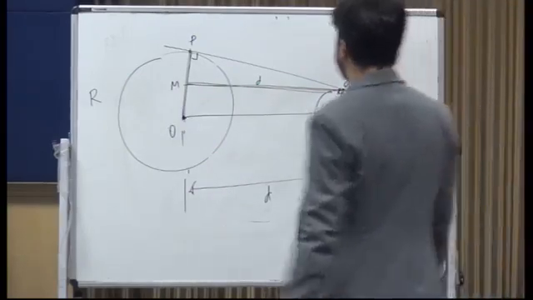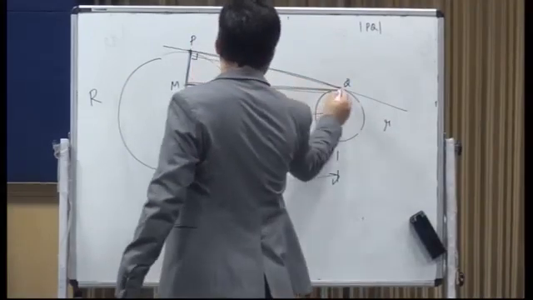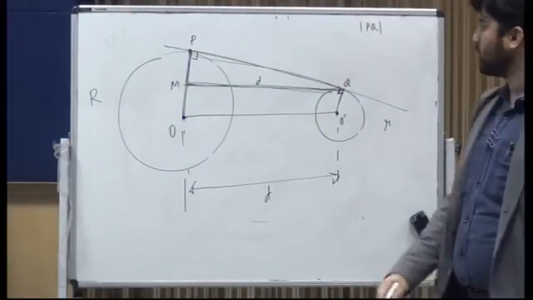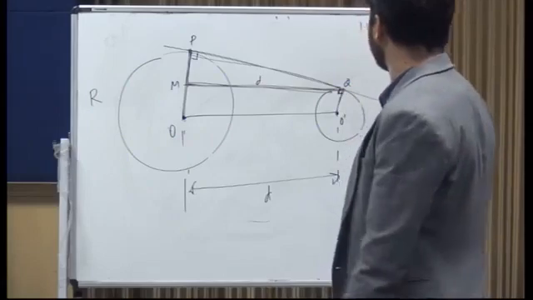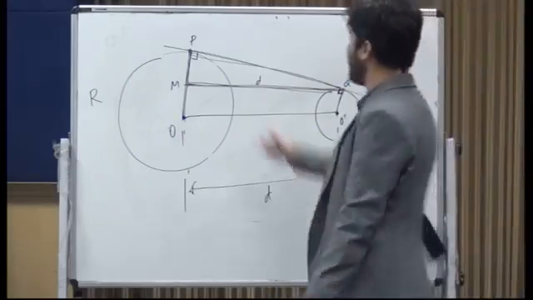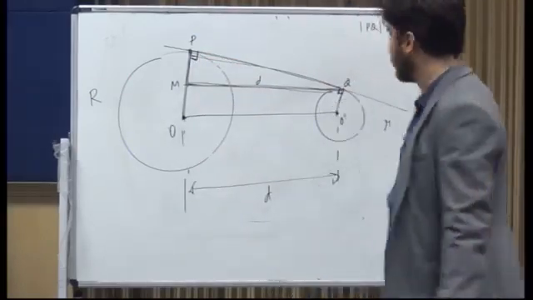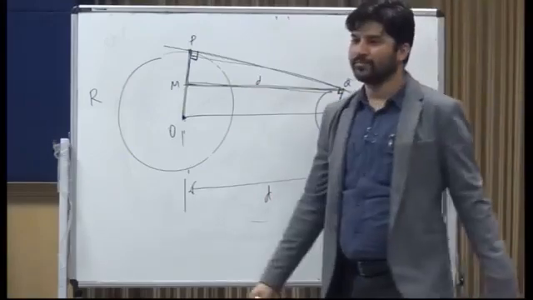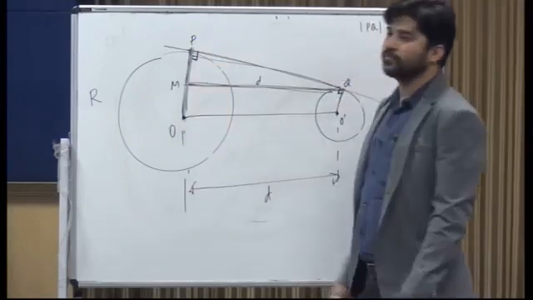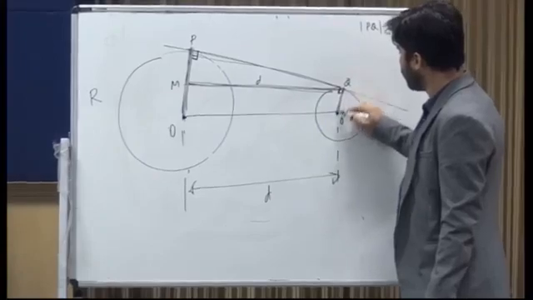Now if you observe triangle PQM, which type of triangle is it? Right angle triangle. Which is the hypotenuse here? MQ. This is 90 degrees, right? So the side opposite to the 90 degrees is going to be your hypotenuse, right? And what is the length of the hypotenuse? D. Okay, what is the length of OP? Capital R. And what is the length of O dash Q?